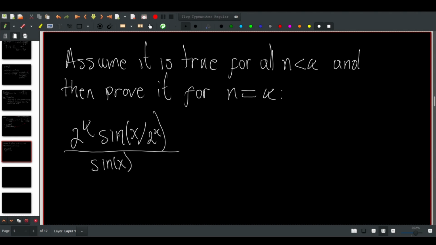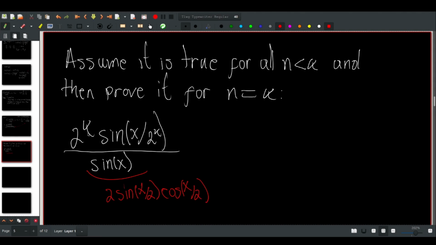And here I will rewrite this in a way. I will make use actually of only one thing. I'm going to split this into 2 times the sine of x half times the cosine of x half.